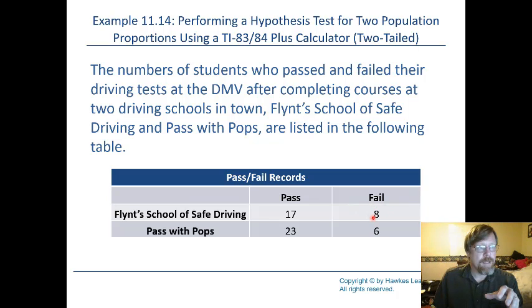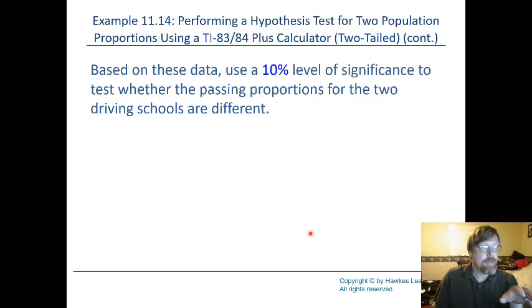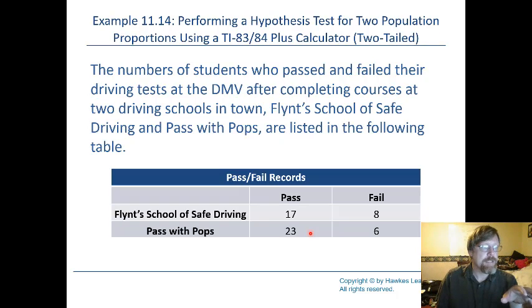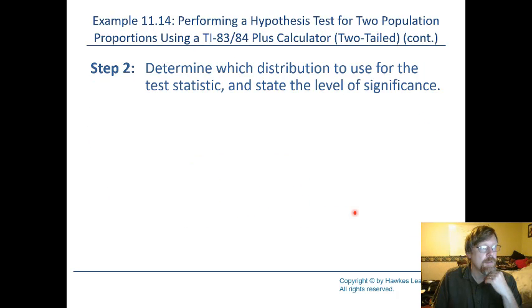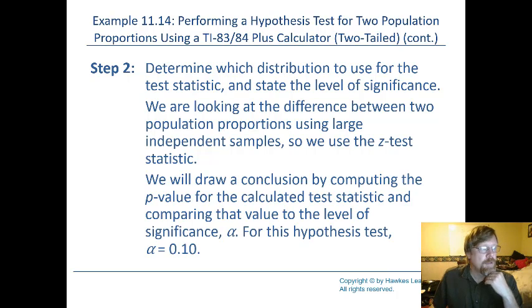So 25 times whatever 8 over 25 comes to should get me 8. So I can just read these values off and note that nothing's less than 5 and say, okay, I meet that criteria, in this case where I've got the x values directly. Okay, we did that. We're given a 10% level of significance, or alpha equal 0.1.